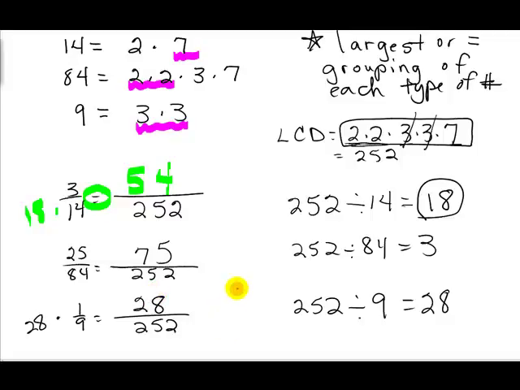Okay, so that takes care of a very quick review of how to find the least common denominator and how to create those equivalent or equal fractions. So let's move into the more difficult part, which is doing this with our expressions.